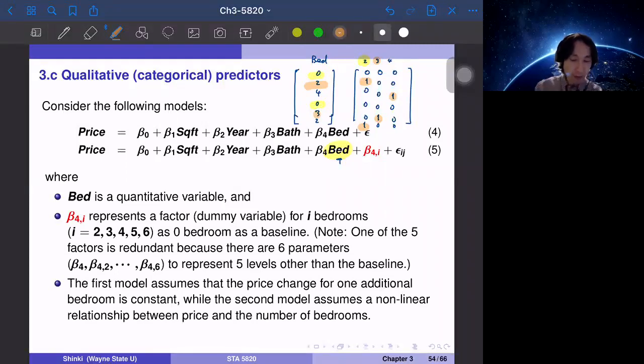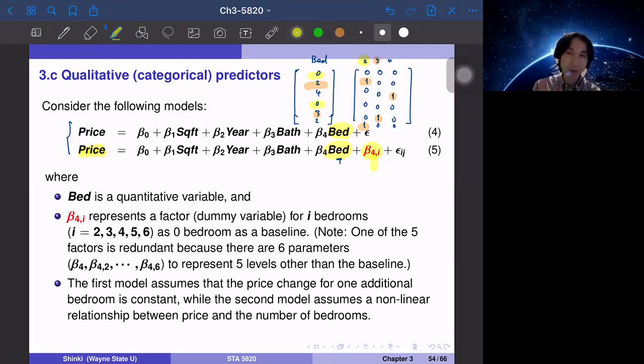Now we consider comparing the 2 models. One is the simple model where the number of bedrooms is regarded as a quantitative variable. The second model assumes maybe the number of bedrooms has a nonlinear relationship with the price, so we have additional variables here to represent the other factors.